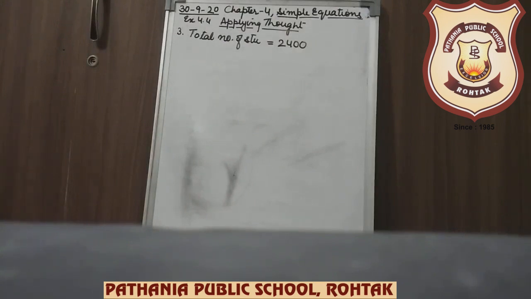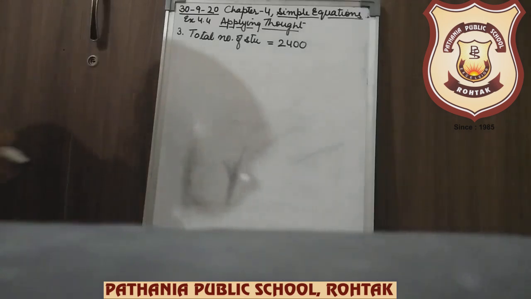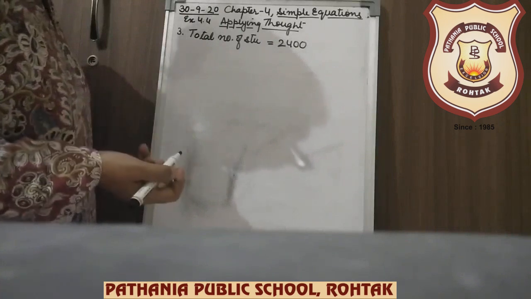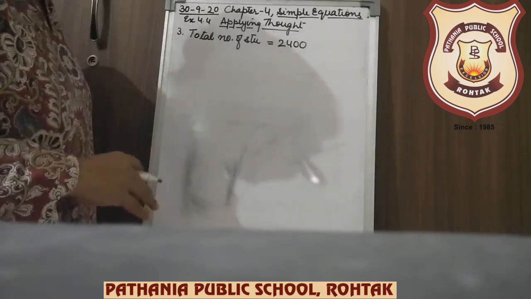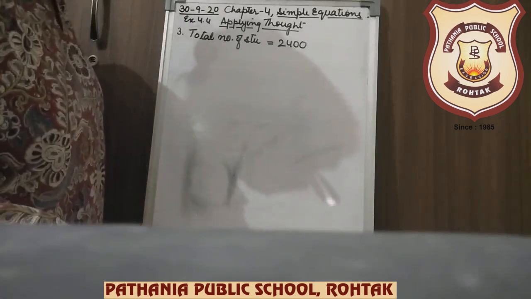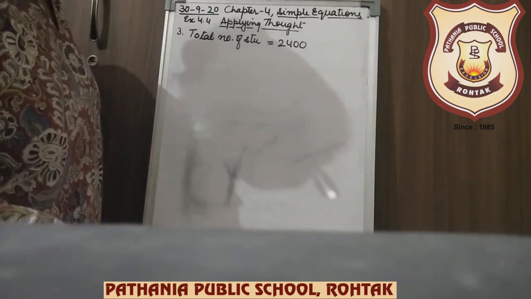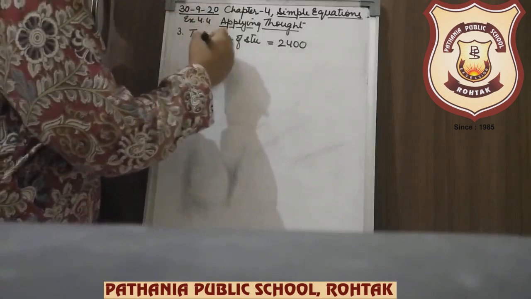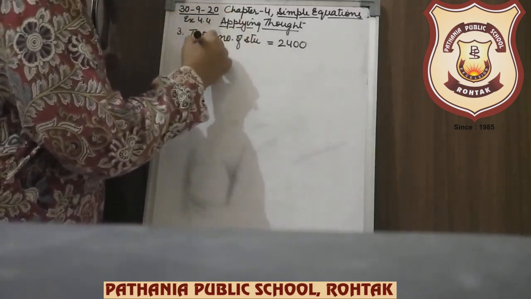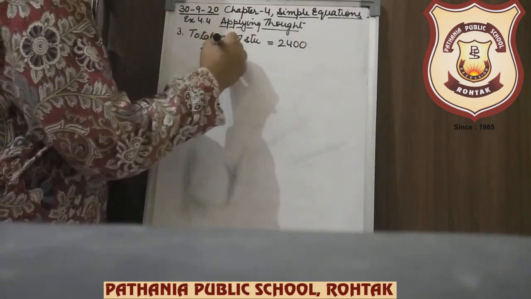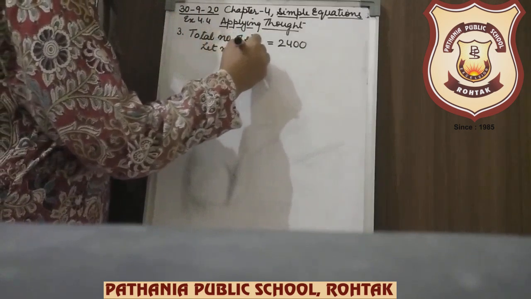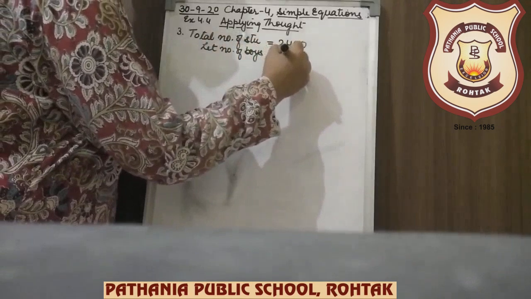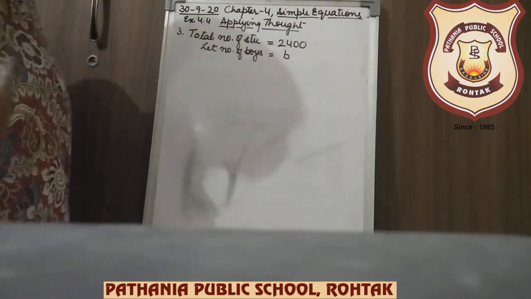And now how many are the girls? First they have given that, and girls are related to given with respect to the number of boys. So what you are going to do is you are going to assume the number of boys. So let number of boys is equal to, say I take B, you can take any variable.